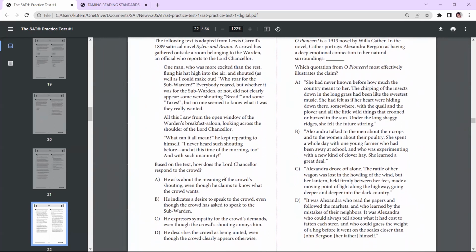The following text is adapted from Lewis Carroll's 1889 satirical novel, Sylvie and Bruno. A crowd has gathered outside the room belonging to the warden, an official who reports to the Lord Chancellor. So this is very important context and it can help you understand the passage. And we're looking for how he responds to the crowd.